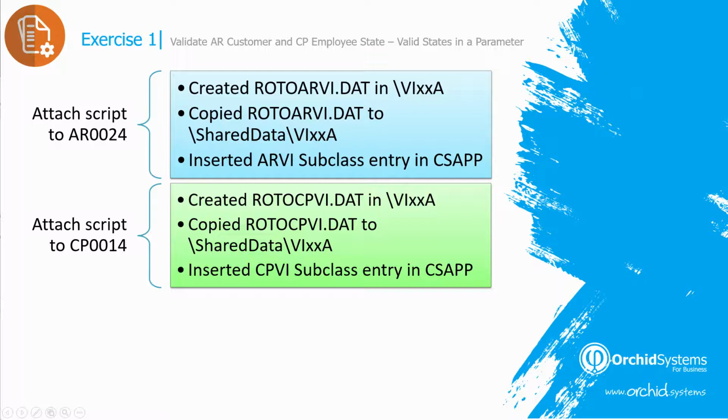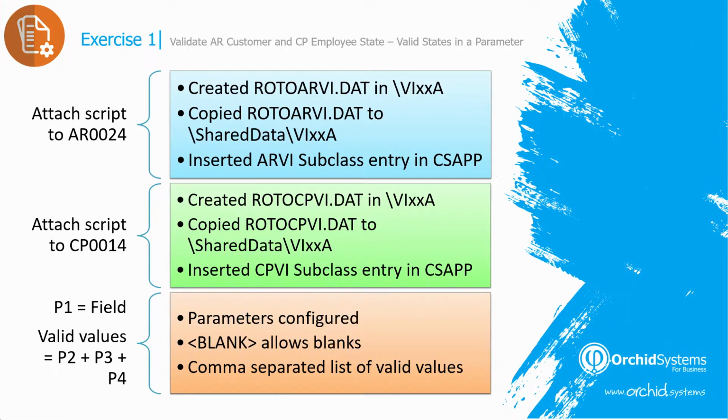And when we attached the same script to CP14, it created the rotocp.vi.dat in the programs directory and copied this file to the shared data VIXXA directory. And we had to configure the state in parameter 1 and the valid values in parameters 2, 3, and 4. And we saw that the code was written such that blank allows blank values, without blank you do not allow blank values, and it's a comma-separated list of valid values.